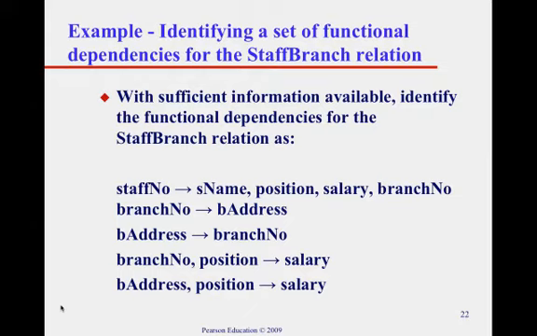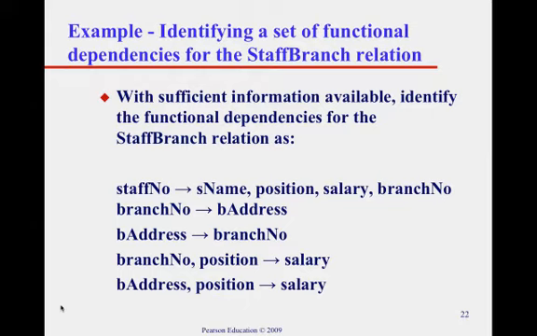It's almost certain; generally, addresses uniquely determine our branches. If we have enough information, 22 Deer Lane, maybe it would require a city and a zip code, but I certainly can get to the point where if I have enough information in the address, it's going to uniquely determine a branch number.